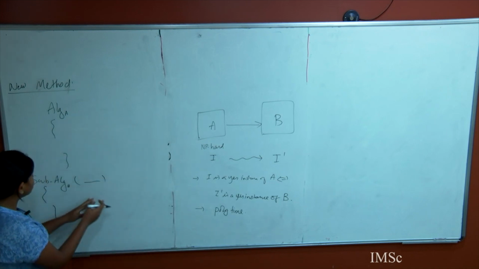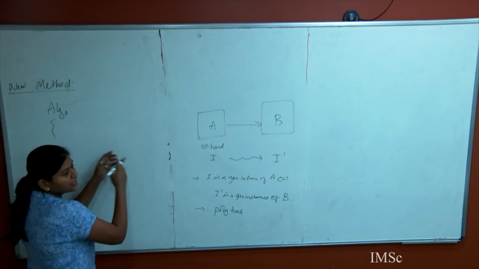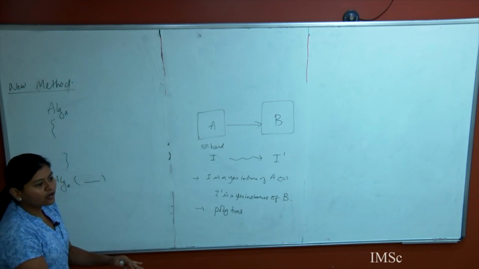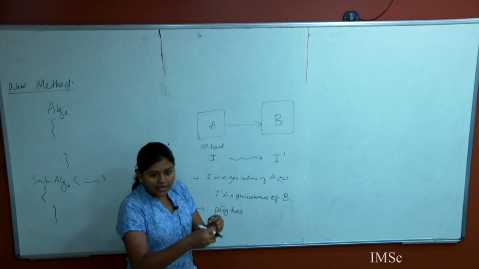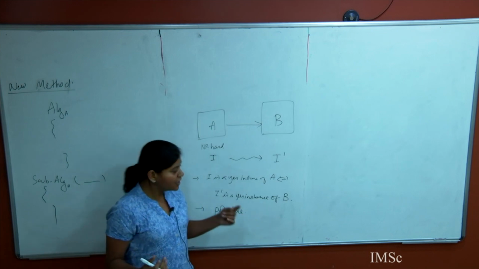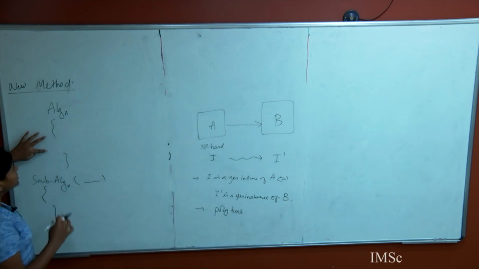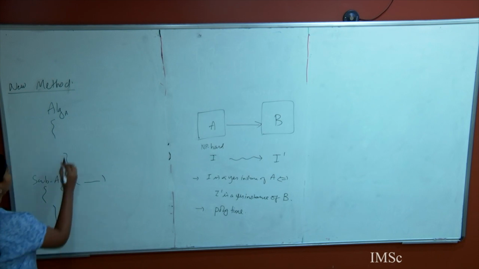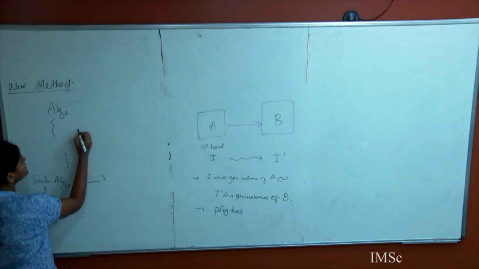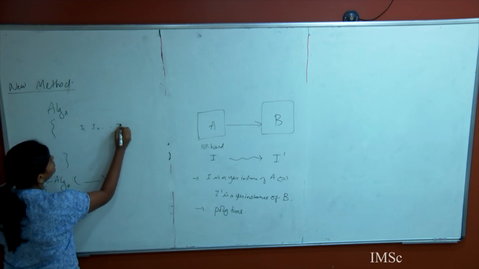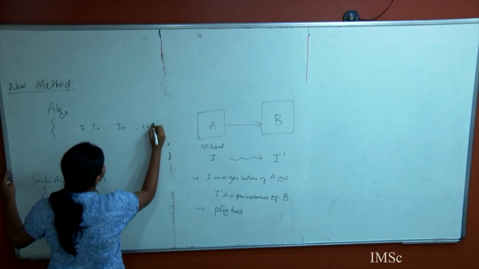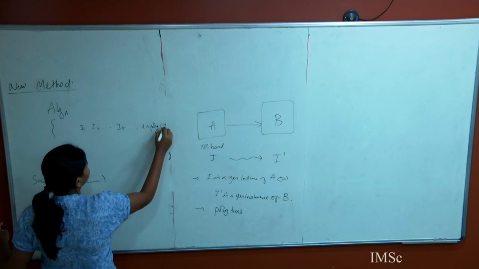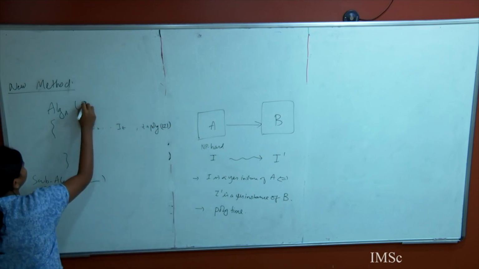It can call it multiple times and does some processing on those outputs. It makes some call, gets an answer, does some more processing, again calls the subroutine, and gets another answer. So the answers can be dependent also. Now if I manage to design such an algorithm, say for simplicity I call t instances, I1, I2, up to IT, whatever input this was given.